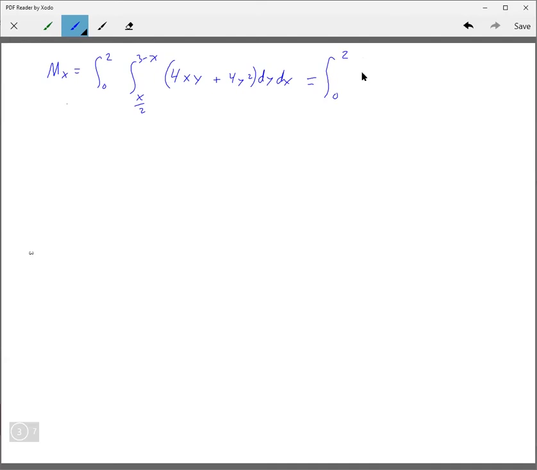So this is what, 2xy squared plus 4y cubed over 3, evaluated from y equals x over 2 to y equals 3 minus x.